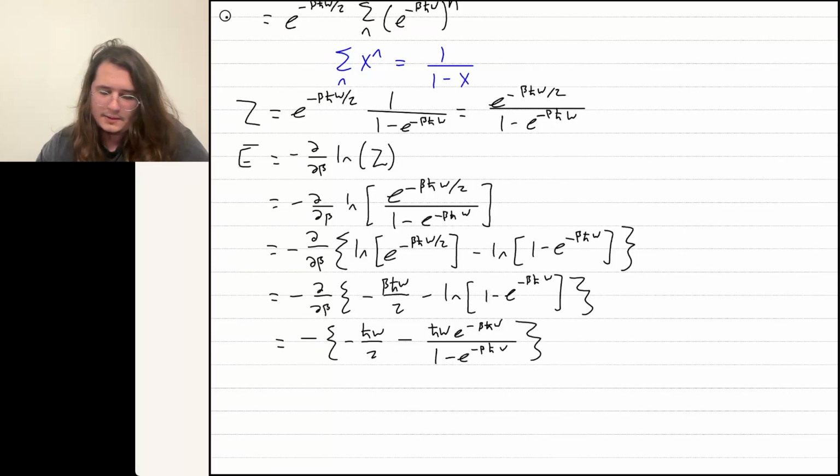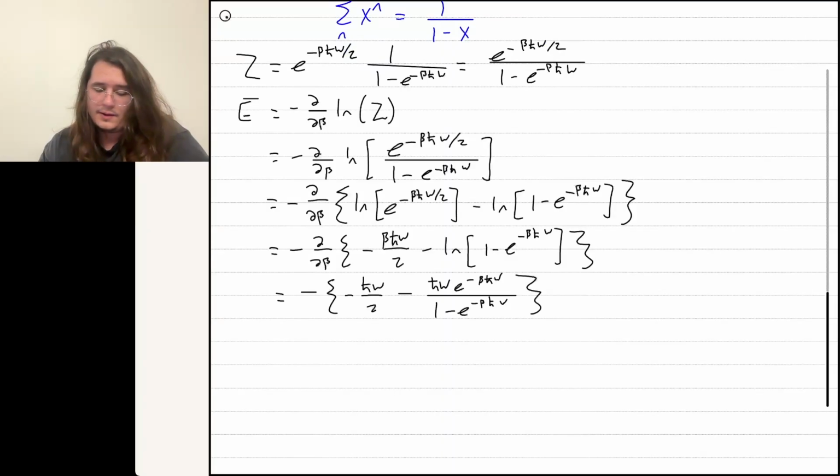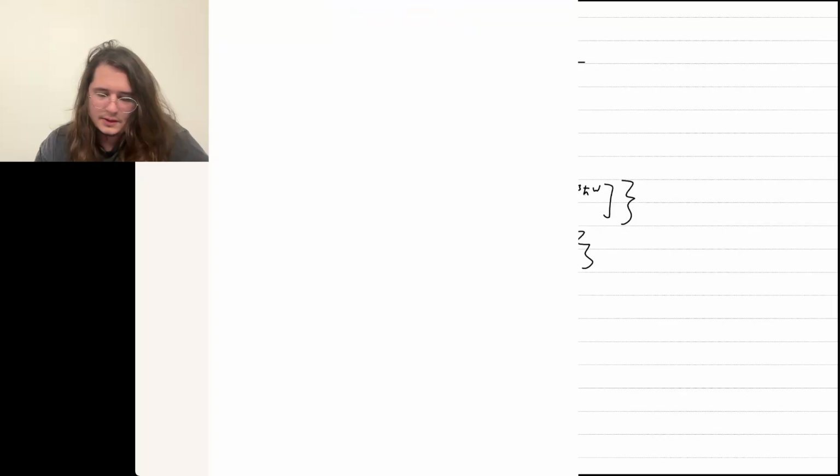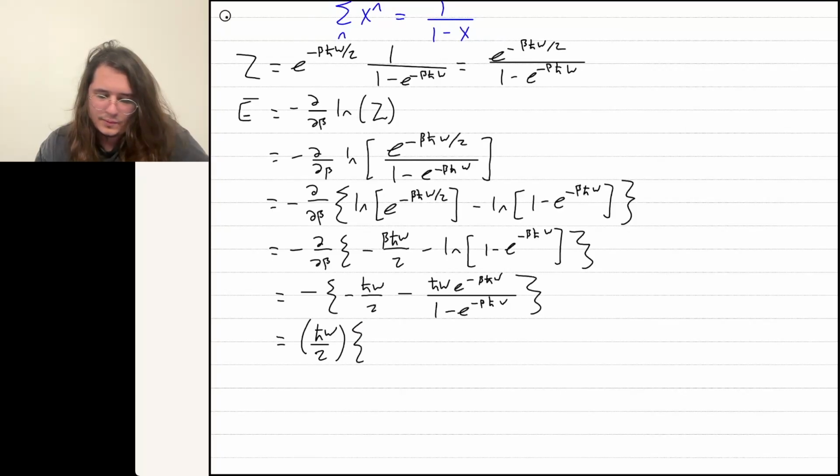Right? Now, because we can pull out the minus sign that is attached to each of these, we'll get an overall plus sign. I'm also going to pull out h bar omega over 2. So we get h bar omega over 2 times 1 plus 2 e to the minus beta h bar omega over 1 minus e to the minus beta h bar omega.